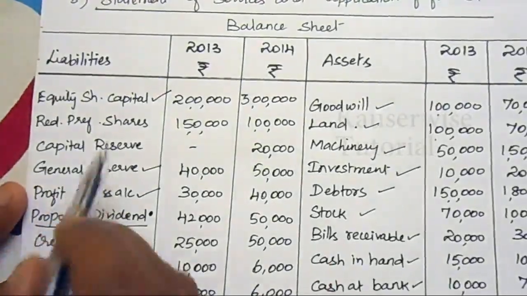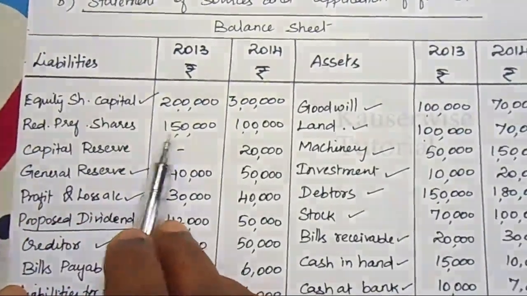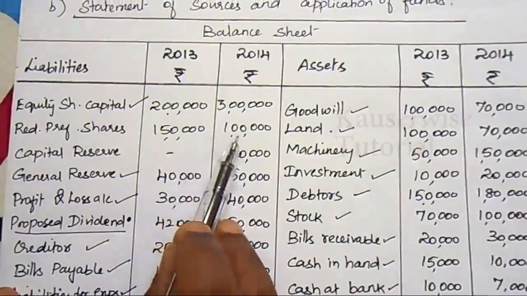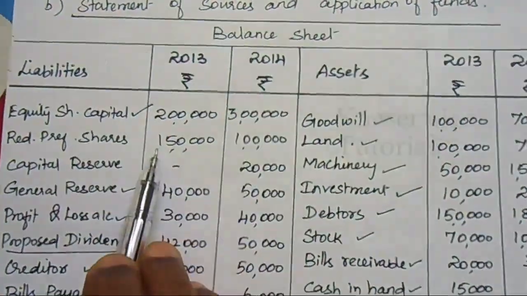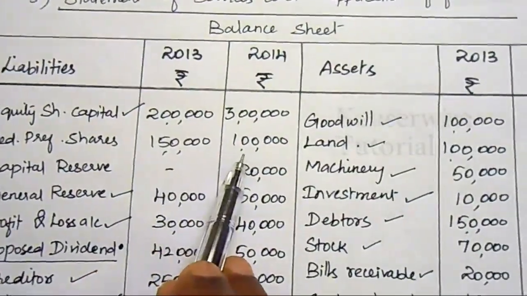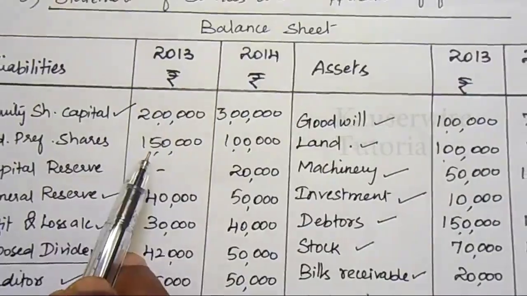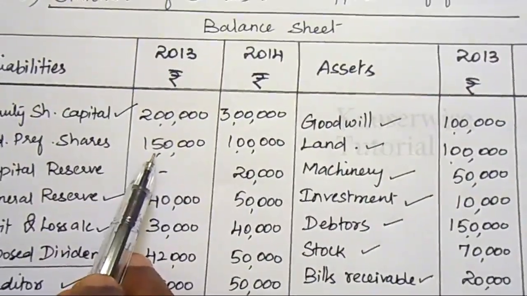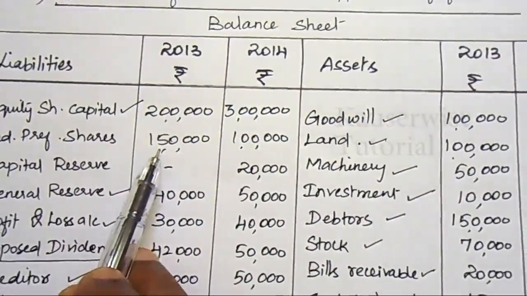Now look at the next one, redeemable preference shares. Last year 1,50,000, this year 1 lakh. Reduced, which means the difference is 50,000. What is the impact? The 50,000 is repaid or redeemed. Redeemed means outflow of fund. This will be recorded in application.